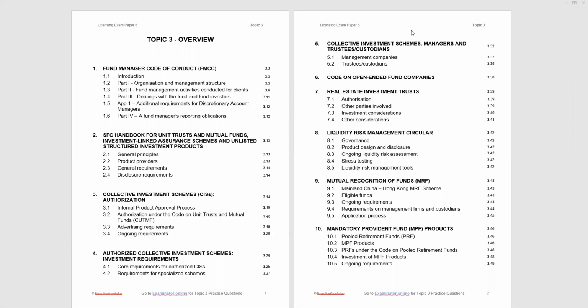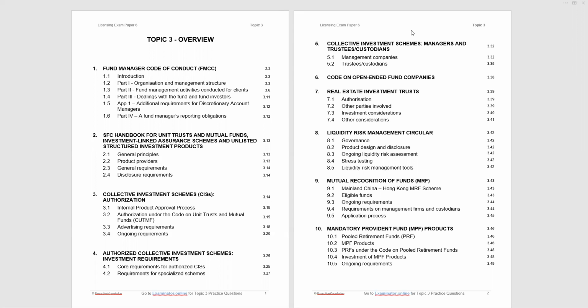Okay, what is going to be covered? I'm going to start off with looking at the Fund Manager Code of Conduct, and there will be a number of questions on this code, an important code for asset management. We will then consider the SFC Handbook for Unit Trusts and Mutual Funds and some of the general points that it raises. Now, in that handbook, we have the Code on Unit Trusts and Mutual Funds.